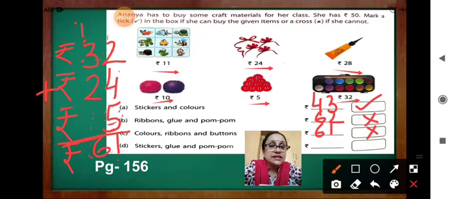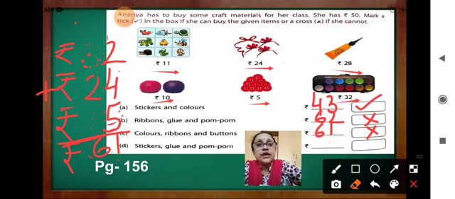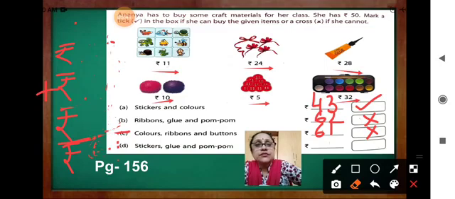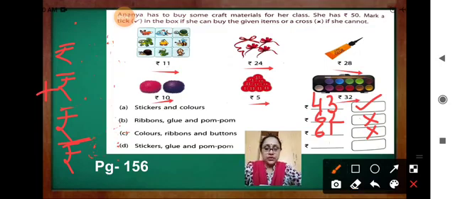Question D. Stickers, glue and pom-pom. Again, we have to write the price. Have a look at the price, what it is written. Now, stickers.